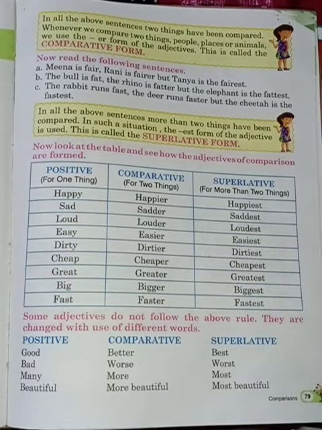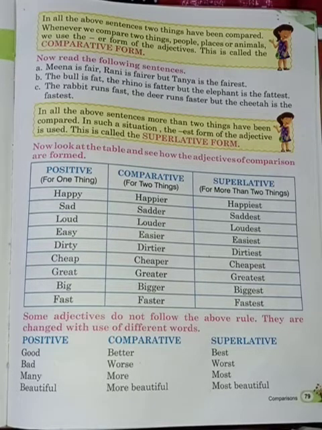Students, positive is only for one thing, one person or animal. Like example, I give you one example in a sentence. Rita is happy. Students, in the sentence Rita is happy, we spoke only about one person.